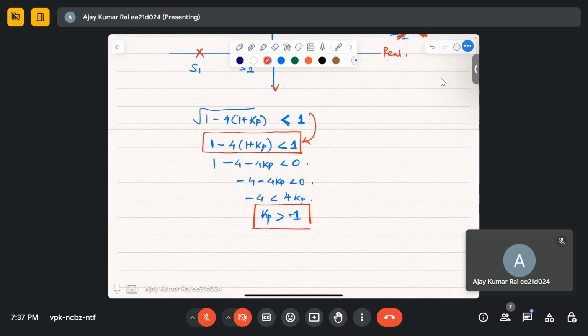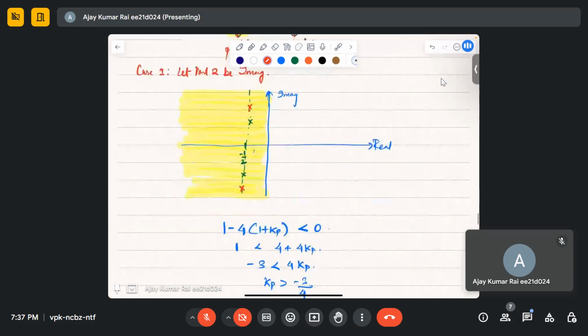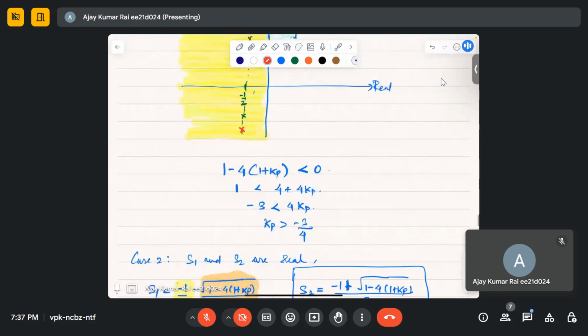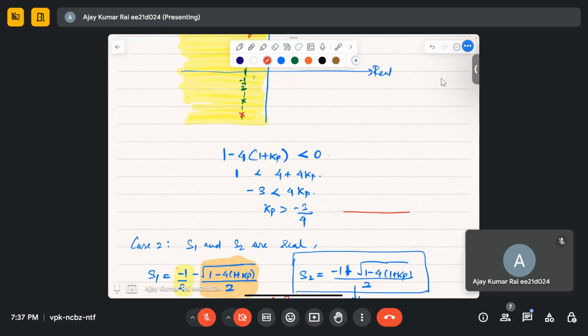greater than 1. So I have to combine both the cases, case 1 and case 2. If you plot Kp, this is 0 and this is minus 3 by 4. The first case says my value of Kp should be greater than minus 3 by 4.